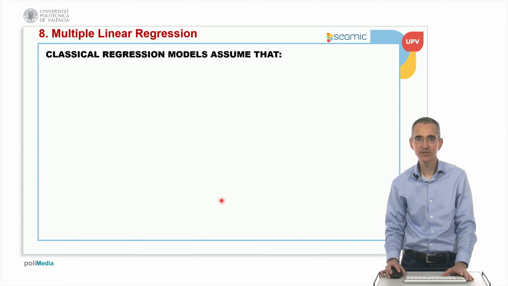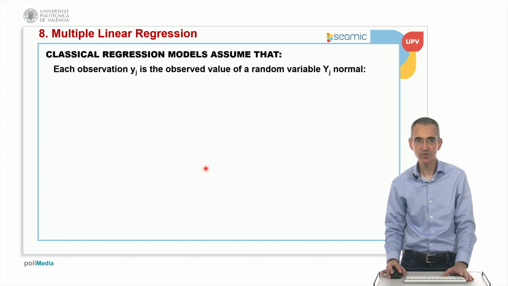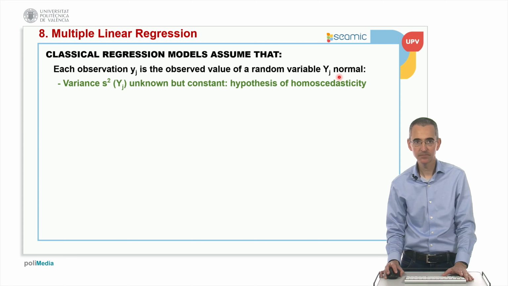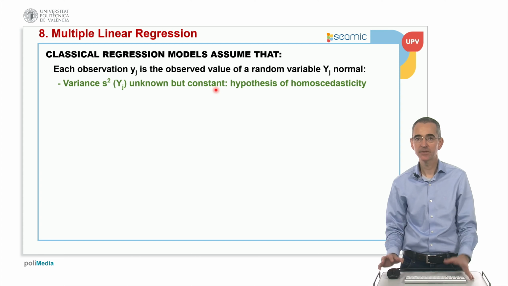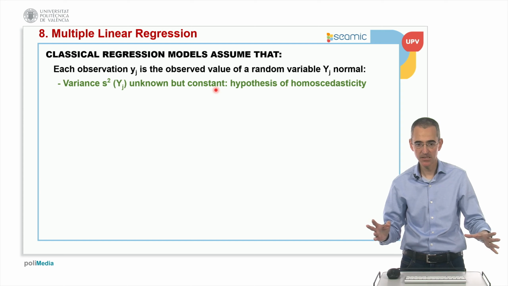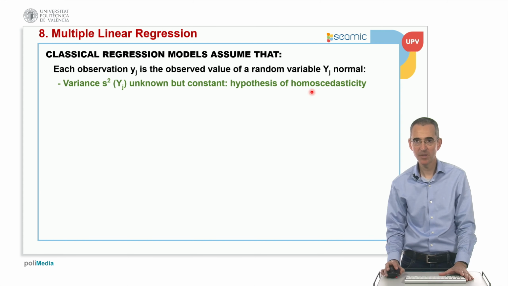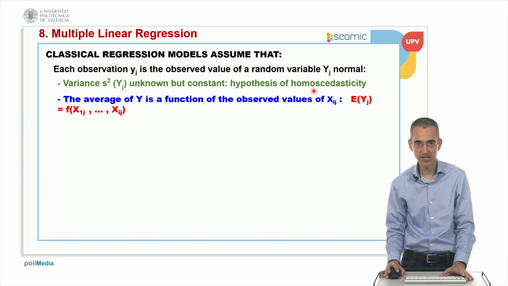Good. So the classical regression models assume the following. It's assumed that each observation is the observed value of a random variable y, which is normal. We assume that the variance is unknown but constant. This is called the hypothesis of homoscedasticity. Remember that it means equal variance.